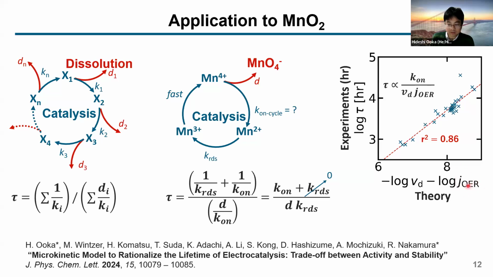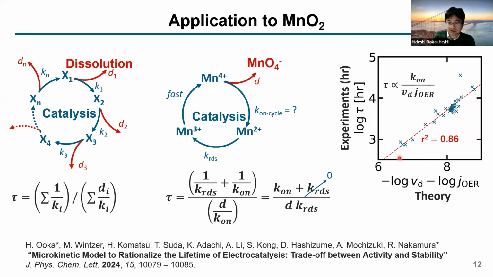And so here we assume this is the proxy for the rate constant of the rate determining step. Ideally we would have liked to put log k RDS here, but because we couldn't get the exact rate constant, it's log JOER. So the units on the x and y axes are not exactly the same, which is why there's no unit on the x axis.